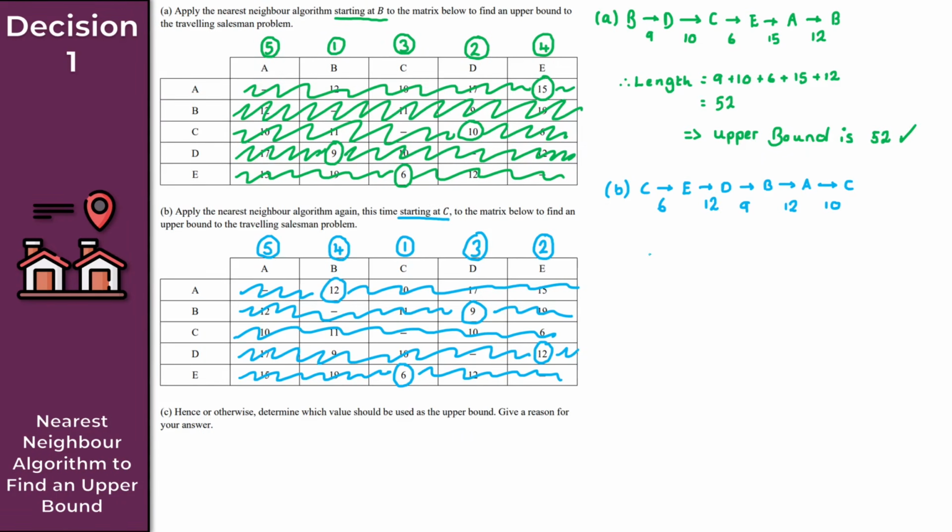And again, for the upper bound here, that would just simply be the sum of these weights. So therefore the length is equal to 6 plus 12 plus 9 plus 12 plus 10. Add those together. What does that give us here? We should find that you get 49.